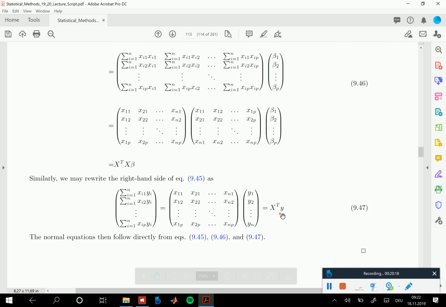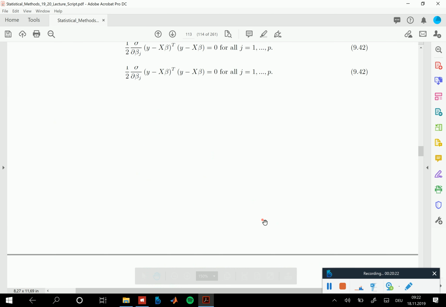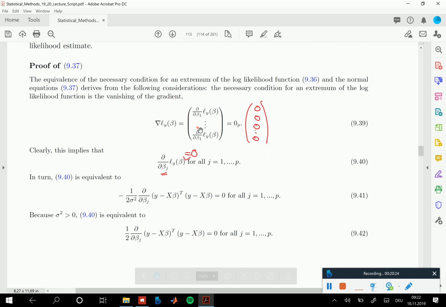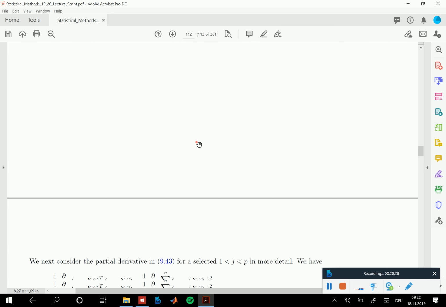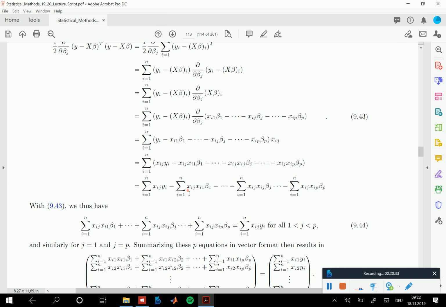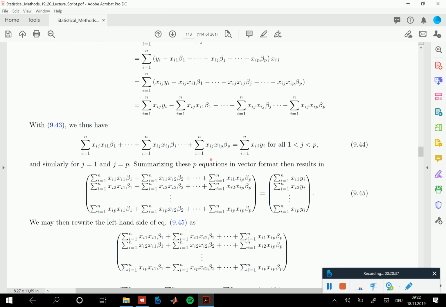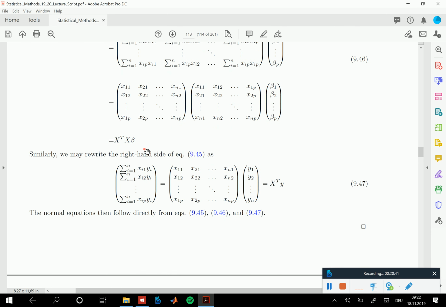So it works by zooming in, essentially, to go from the gradient to the normal equation. It works by at one point computing the partial derivatives, then zooming in, looking at all the elements, and then zooming out again by formulating this as normal equations.